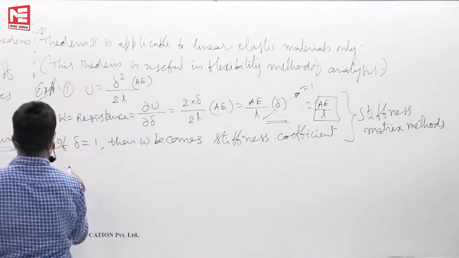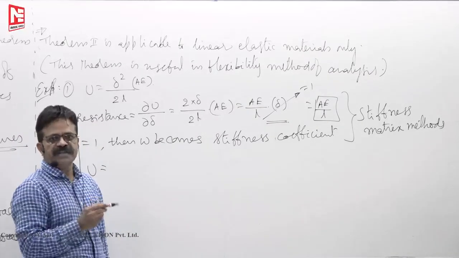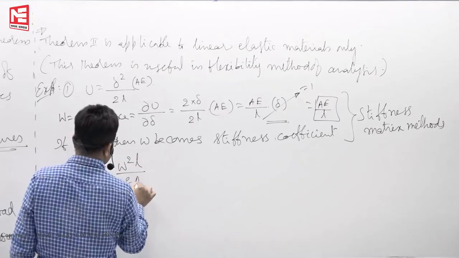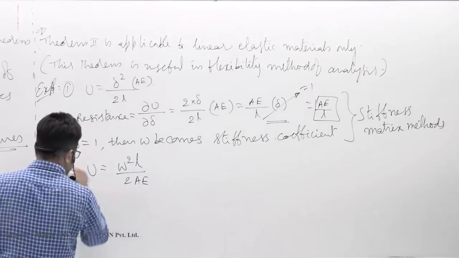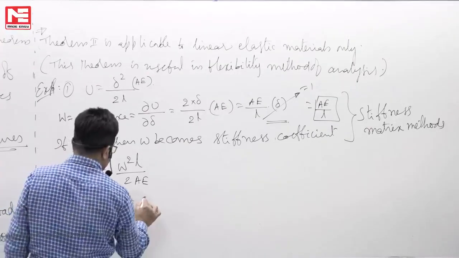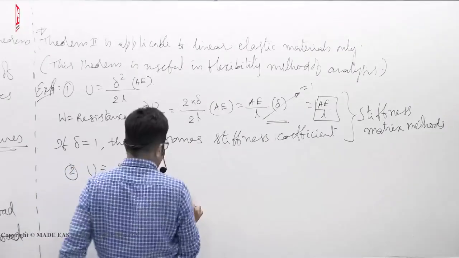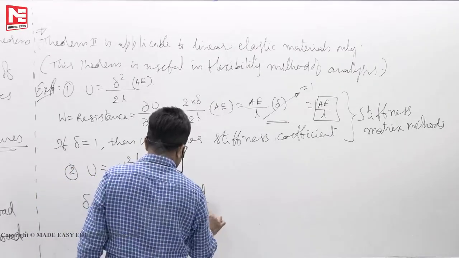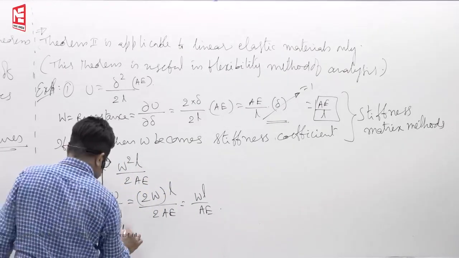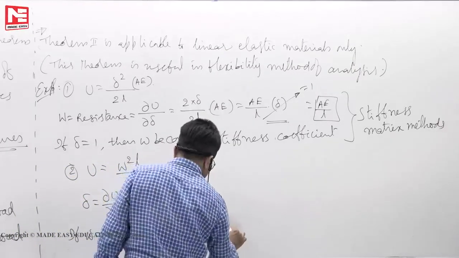Similarly, if I write delta in terms of load, that energy we call complementary energy also. This is W square L by 2AE. This is complementary energy now. Now, the first derivative, delta is equal to dou U by dou W. How much will you get? 2W into L by 2AE. So, you will get WL by AE. If W becomes 1, then delta becomes the flexibility coefficient.